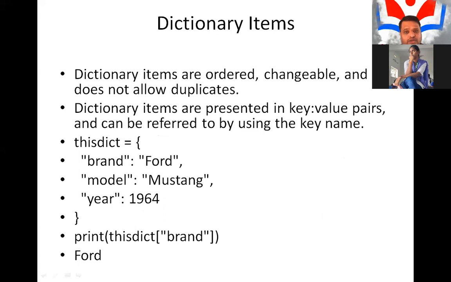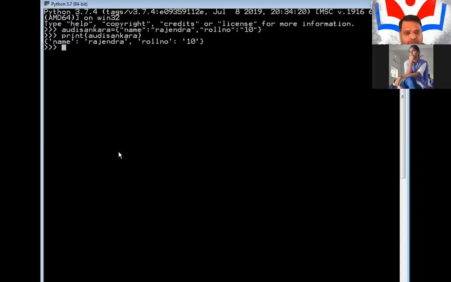In this example I have created the Adi Shankara dictionary, name Rajendra, roll number 10. One more time I will be specifying the roll number.